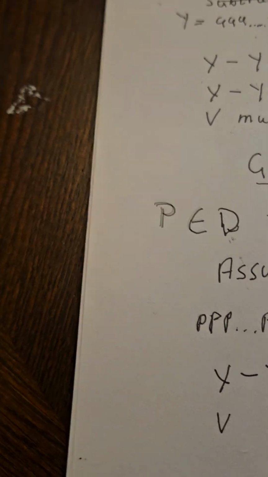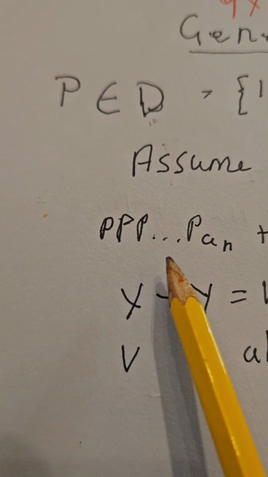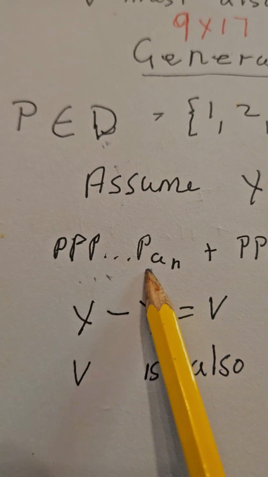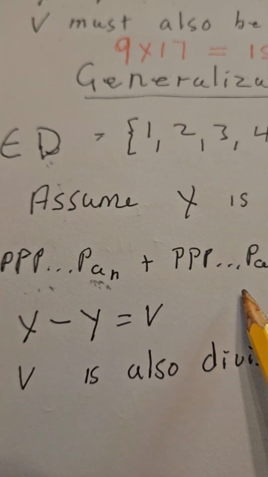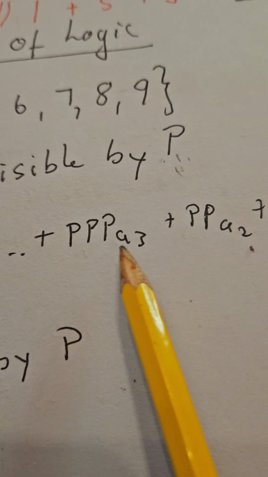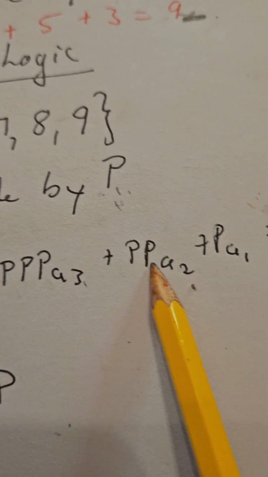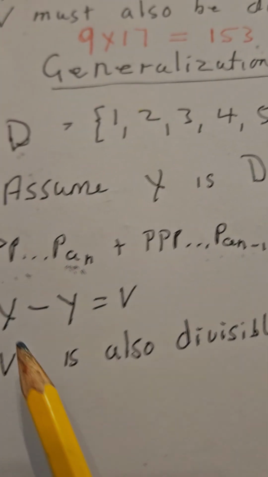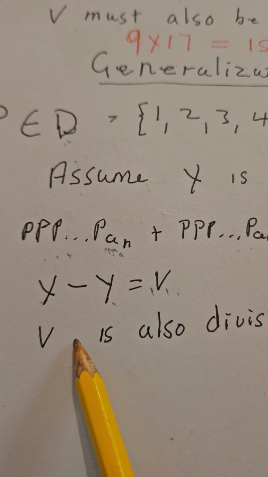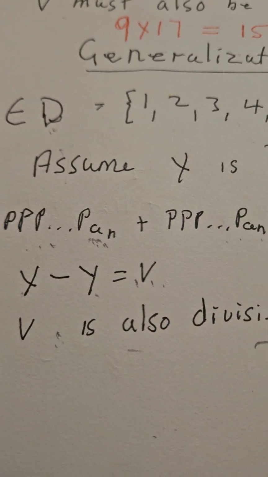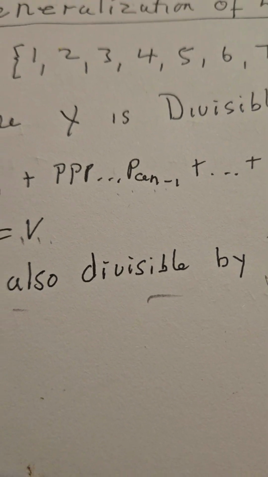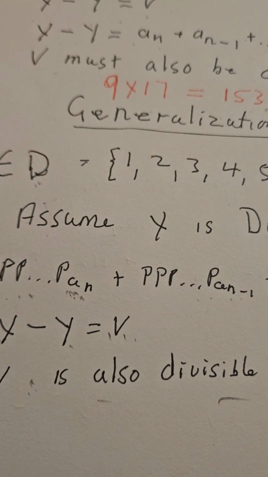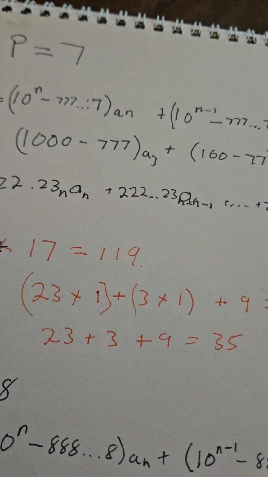Let us assume now it is divisible by P. Using the same logic as for 9, P dash PPAn plus PAn minus 1 plus PPA3 plus PPA2 plus PA1 equals Y. X minus Y equals V. V must also be divisible by P, since X and Y are divisible by P.